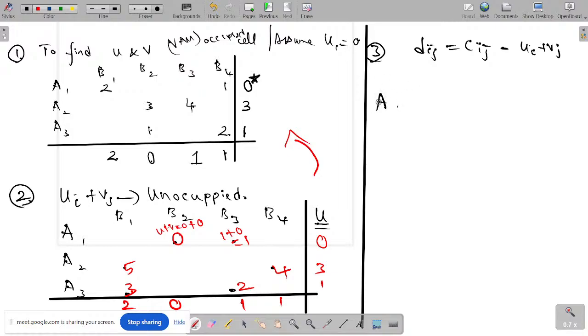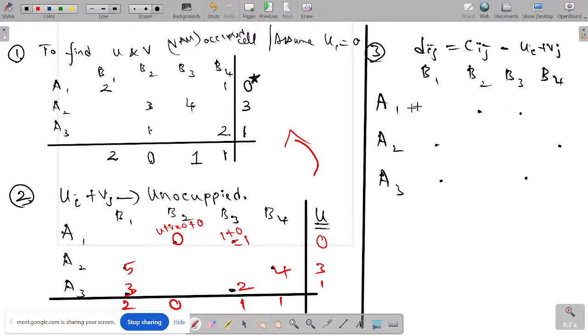So let me write all the columns: A1, A2, A3, B1, B2, B3, B4. You have to check only the unoccupied cells. Let me place a dot for convenience: this one, this one, this one, and this one. So these are the unoccupied cells.